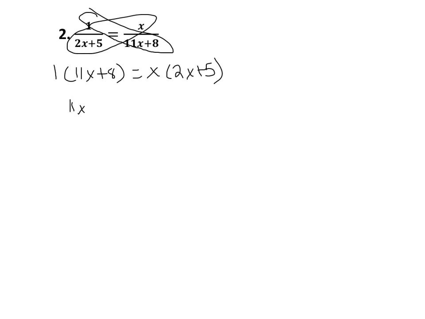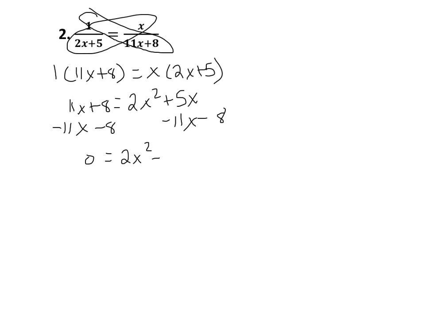So 11x plus 8 equals 2x squared plus 5x. Subtract the 11x. Subtract the 8 to get it equal to 0. You get 0 equals 2x squared minus 6x minus 8.